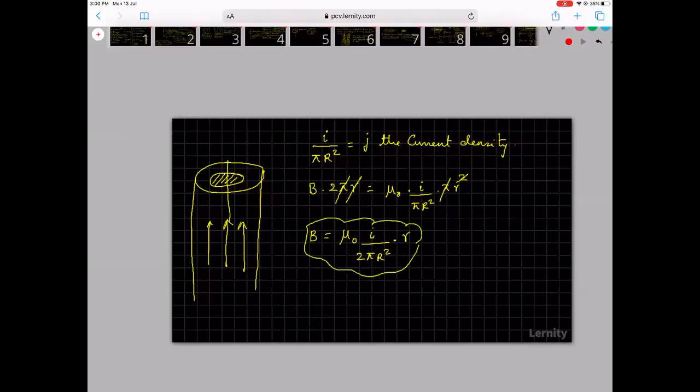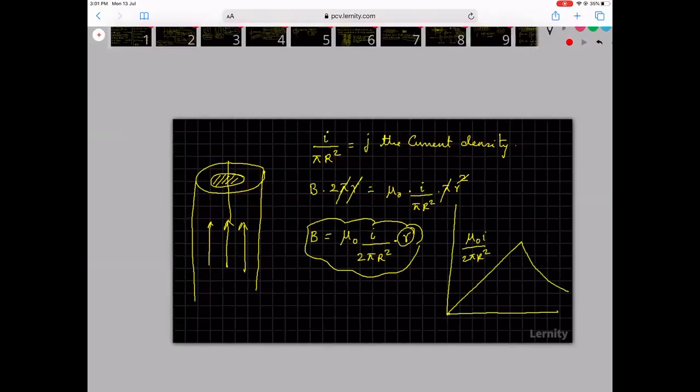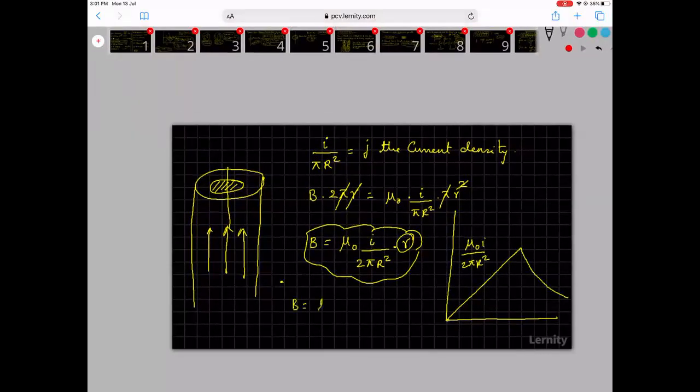What does it mean? It means that inside the wire also there is a magnetic field, and that magnetic field looks like this. Till I go to the surface of the conductor, the magnetic field will be proportional to r. The slope of this is mu naught I by 2 pi R squared. Now as I move away, B will be inversely proportional to r. Outside, B is equal to mu naught I by 2 pi r.